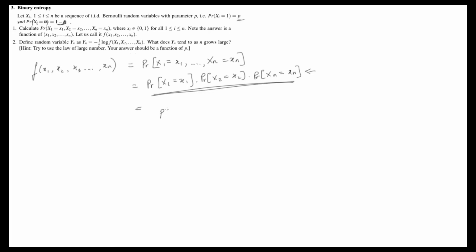So we have this is equal to p to the number of 1's in x1 to xn, times 1 minus p to the number of zeros in x1 to xn.